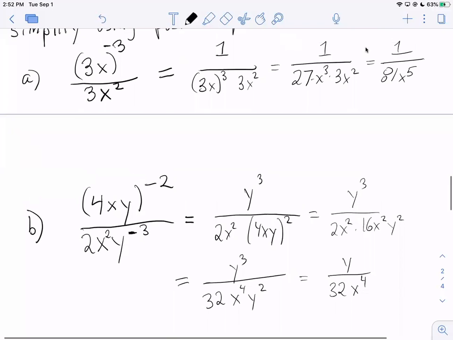Okay, any questions on these two examples? Okay, let's move on to the next.